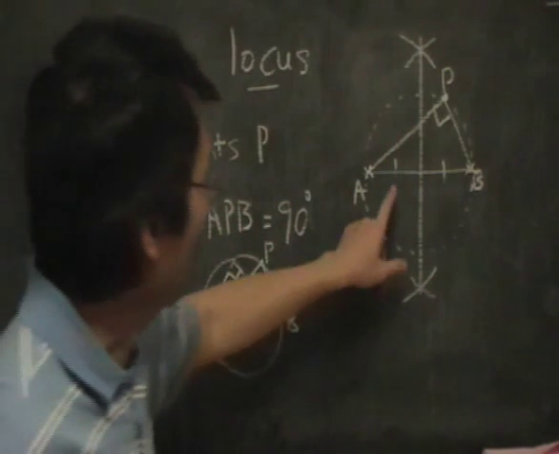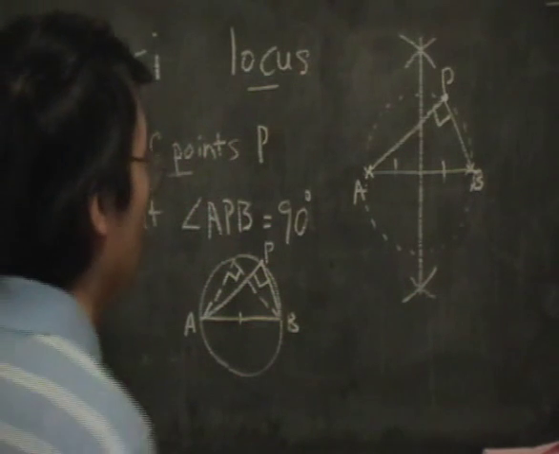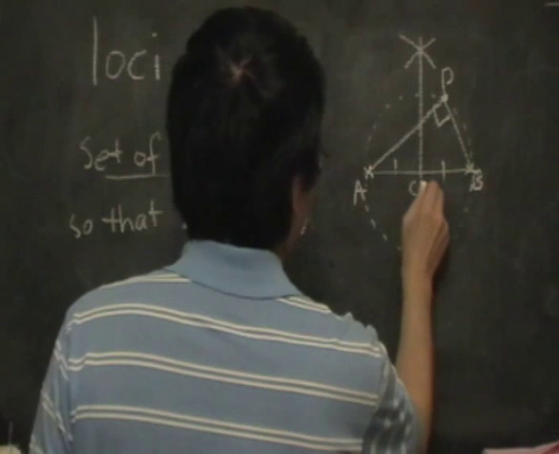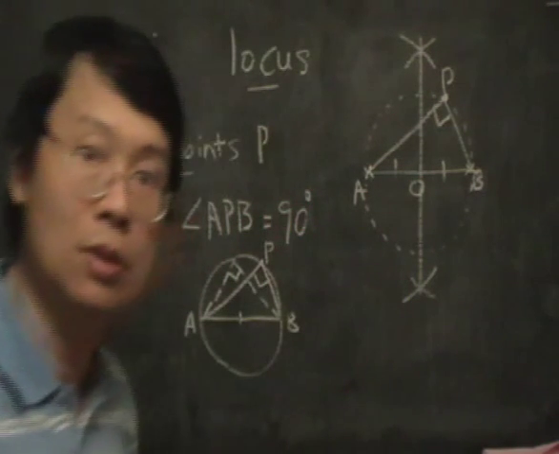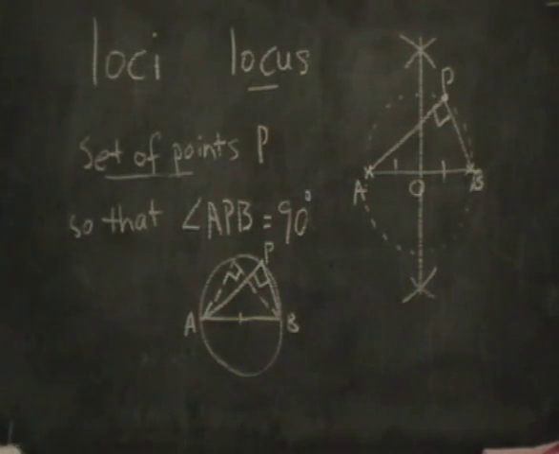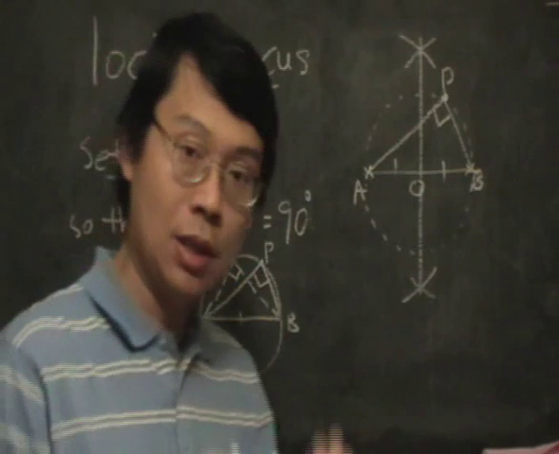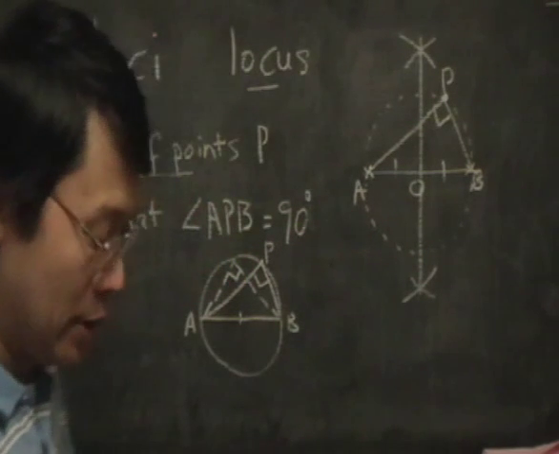So if AB is cut into two equal halves, this point must be the center of the circle. Once we have the center of the circle, we can draw the circle. Take out our compass again.